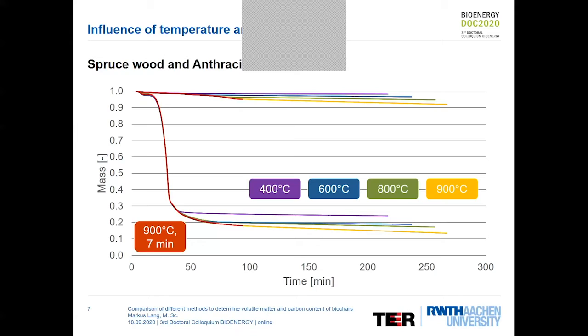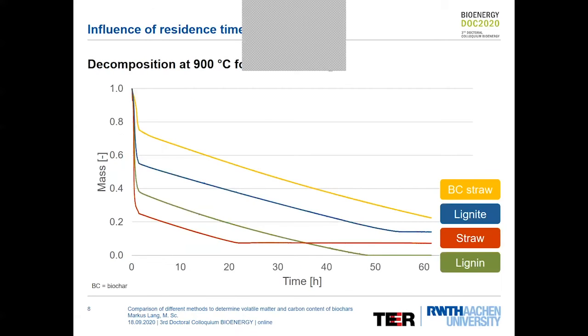What you can also see is that there is no constant mass visible after the 3 hours. That was the reason why we took longer residence times, and therefore we made the next trial with 60 hours under nitrogen at 900 degrees with 4 samples.